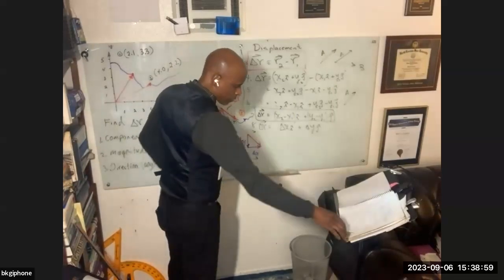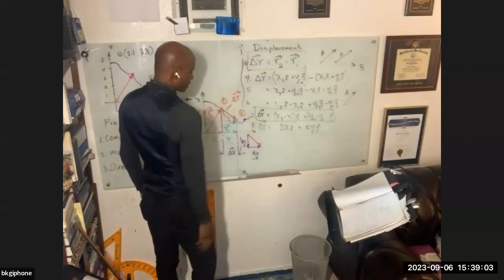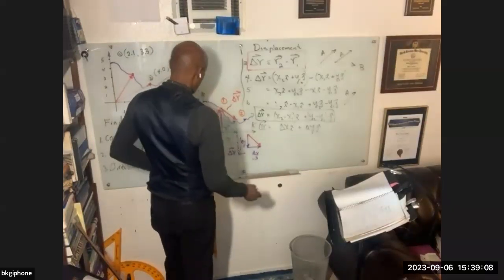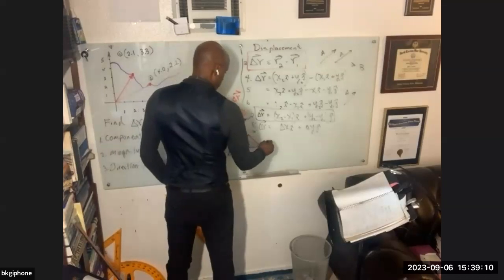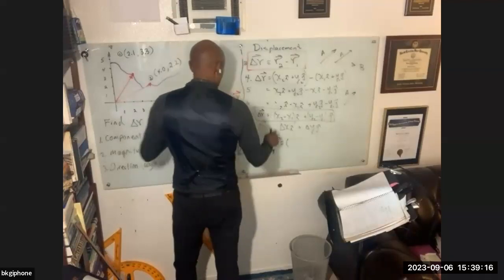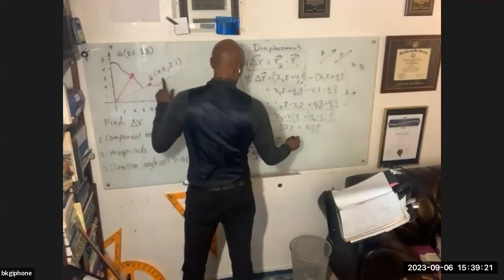If I work this out, it would look something like this, starting from equation 7 here. So delta R is going to be equal to x2 minus x1. So that's going to be 4.0, right?